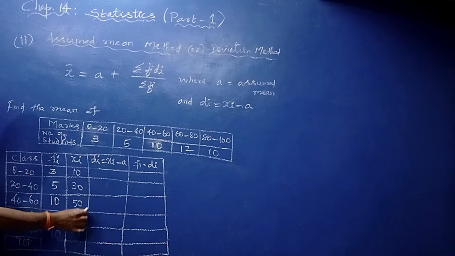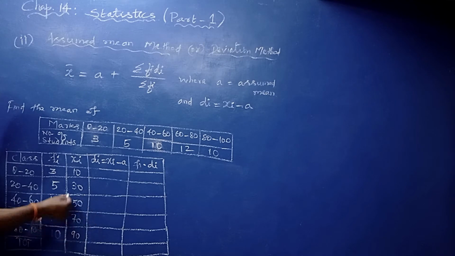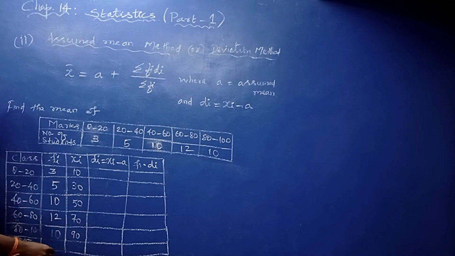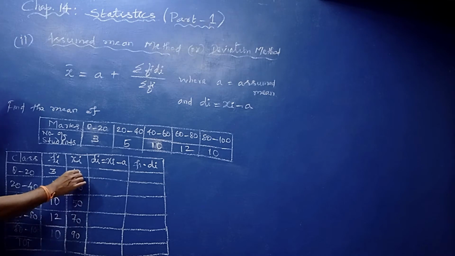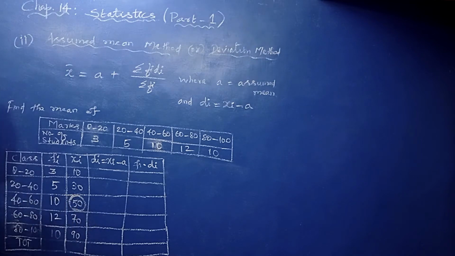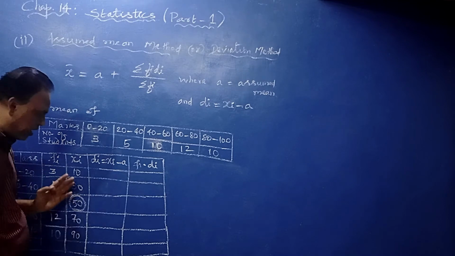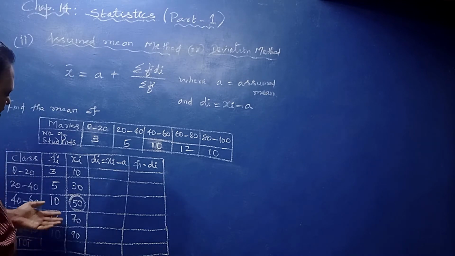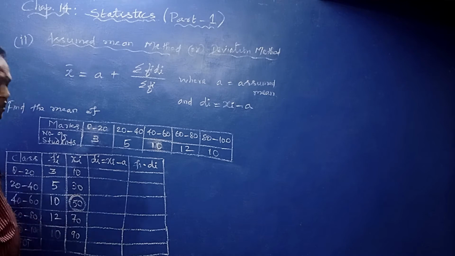Now you have to assume the center value. Clear? Assume the center value. That is for our convenience. You can use any value as the assumed mean. Clear? Even 10 you can assume. 30 also you can assume. Okay. If you assume the center one, it will be easy for simplification purposes. Understand? The value will be reduced. That's why you have to use this center value.